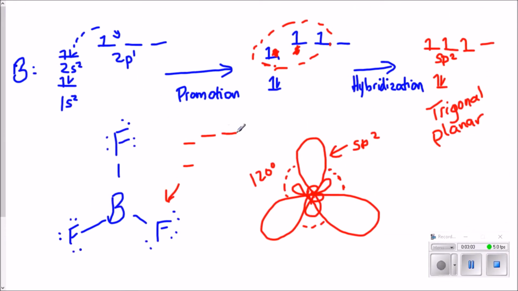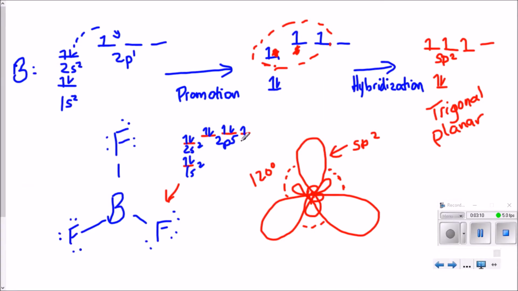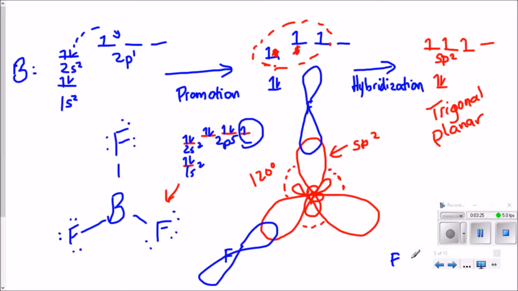So when we look at fluorine, we draw its energy level diagram, and it's 1s2, 2s2, 2p5. We can see that it has 1 half-filled p orbital. The way we draw that, again, is it looks like a dumbbell. So we've got 3 fluorines around, and we're going to draw a dumbbell off of each one of those fluorines.